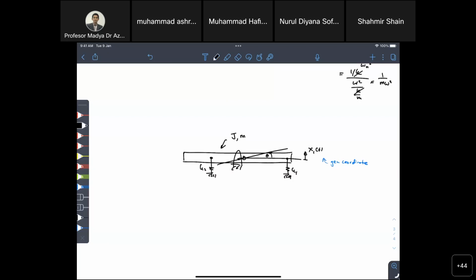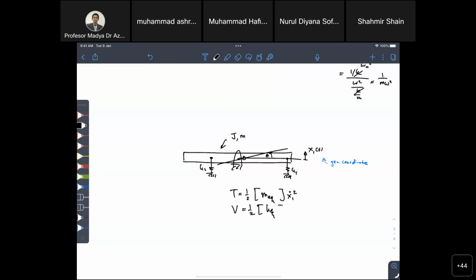In free vibration, what you did is find the M equivalent from the kinetic energy, with X1 as the generalized coordinate, and then find the potential energy.